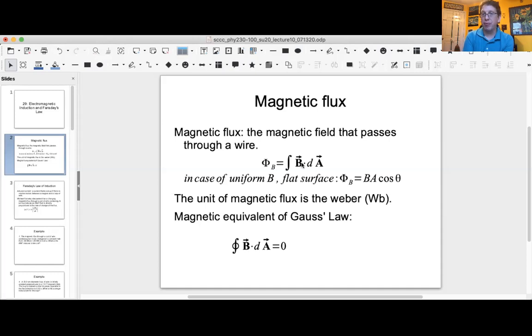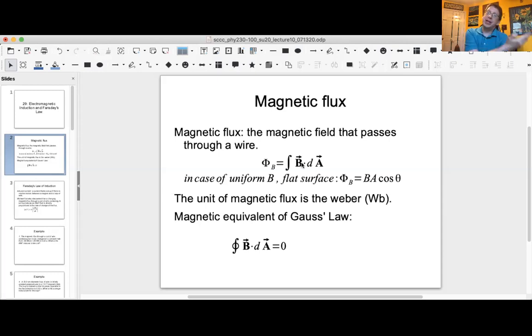One important property of the magnetic flux, and this is the magnetic equivalent of Gauss's law, is that if you calculate the flux over a fully enclosed surface, and again, it doesn't have to be a real physical surface, it could be any surface, real or imaginary, that you could construct that's completely enclosed, the magnetic flux is going to be zero over that closed surface.